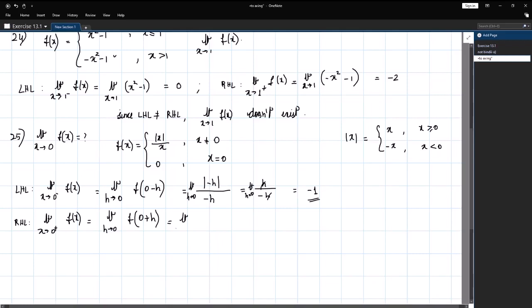Limit h tends to 0 of mod h divided by h is nothing but limit h tending to 0 of h by h, that is nothing but 1. So we know that LHL is not equal to RHL. Limit x tends to 0 of f of x does not exist.